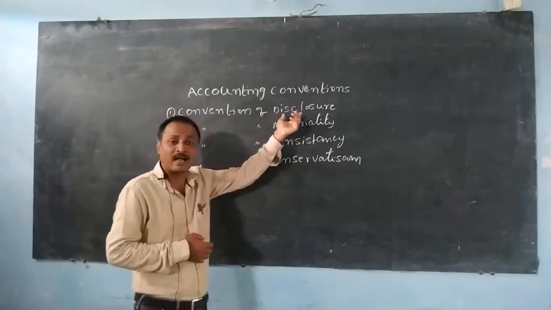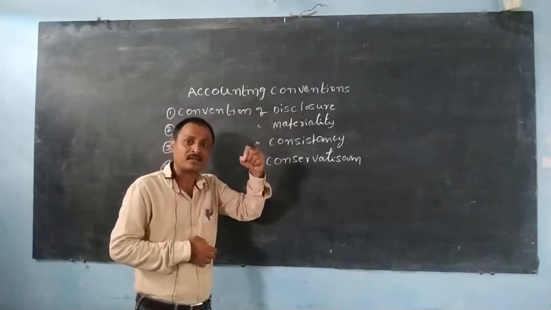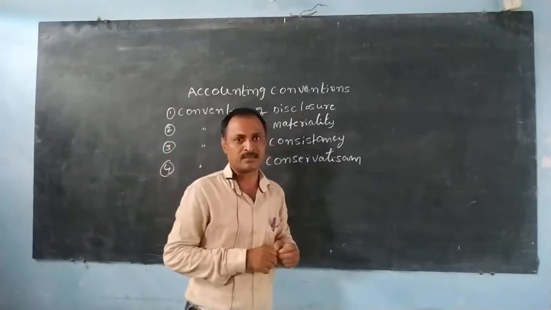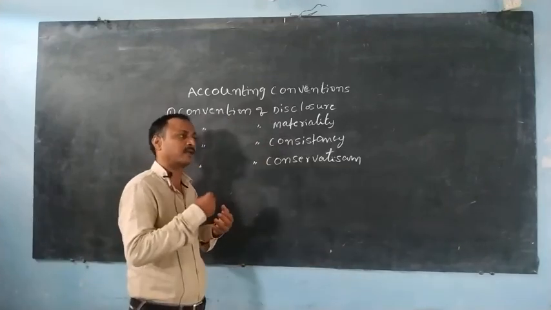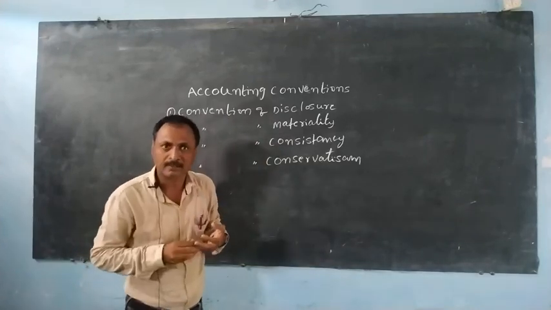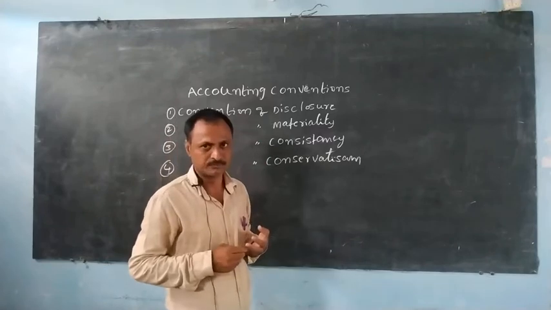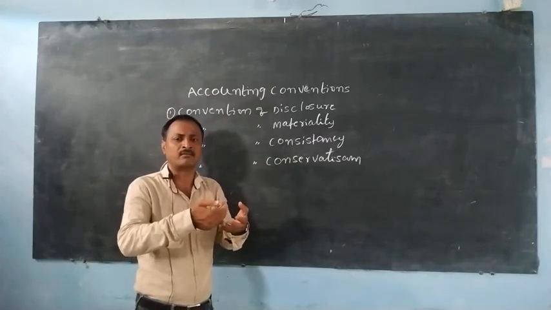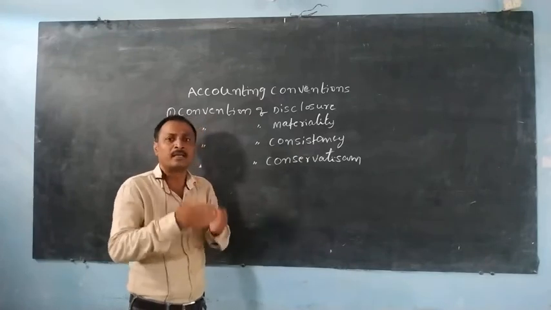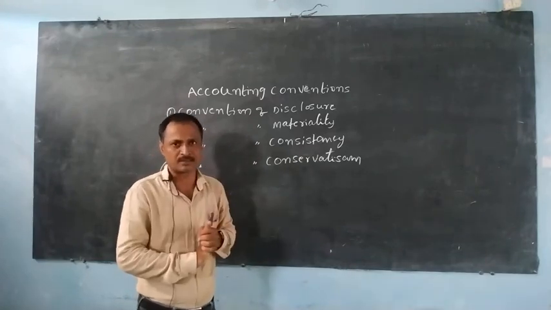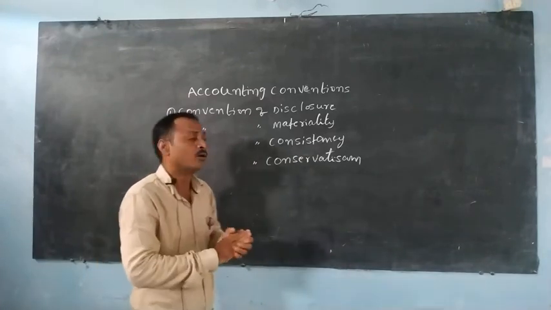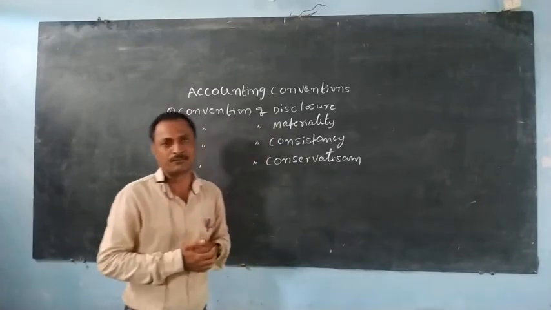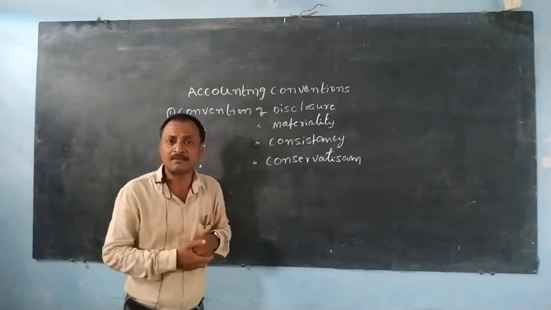Because true and fair information is needed by users like creditors, the government, or a banker. Suppose while preparing the accounts of a particular business, he showed untrue information, then the users get confused. That is nothing but deceiving.